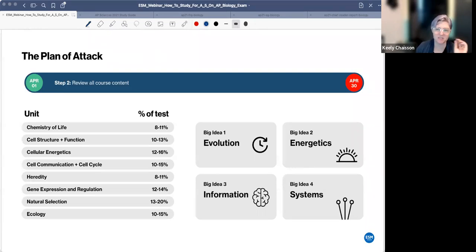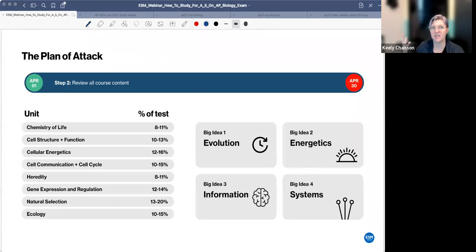Finally, systems interactions is biological systems interact, and these systems and their interactions exhibit complex properties. So being able to explain how one organism in a food web being impacted is going to affect all the other things in that food web, or could theoretically affect the things in that food web, that would be one way of demonstrating understanding of systems interactions.